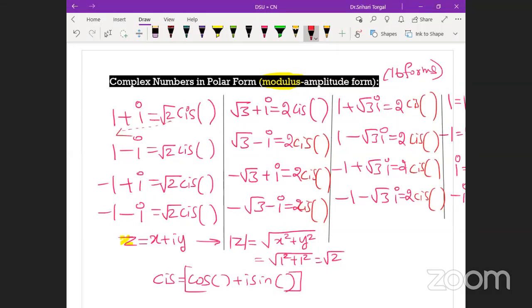If I take this root 2 to the denominator, this will become 1 by root 2.